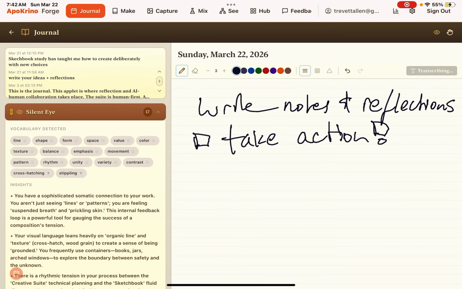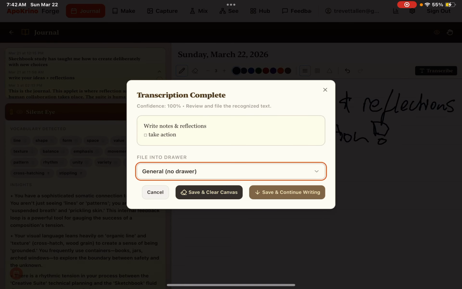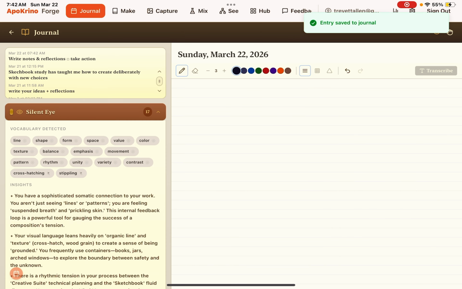So I'll transcribe that. I'll clear the screen because this is a good start. I can choose where to put it. I'm just going to leave it with notes and reflections. This way, it just goes ahead and adds that to my notes.